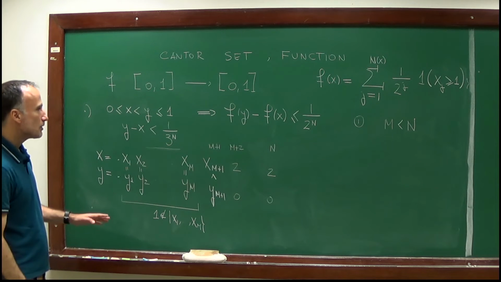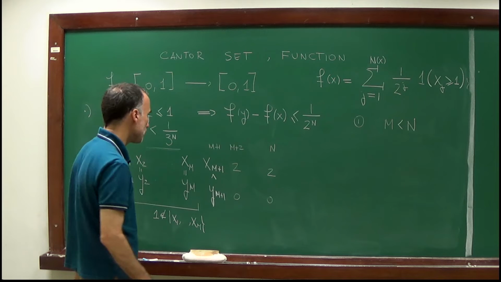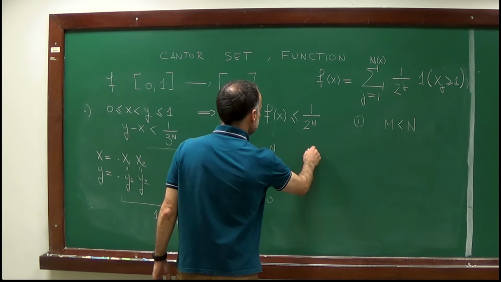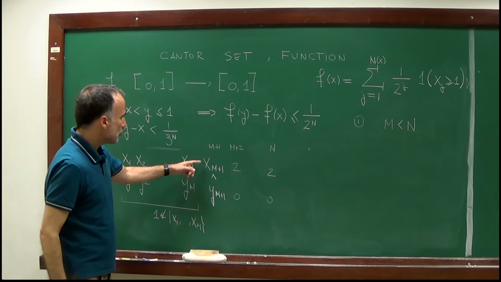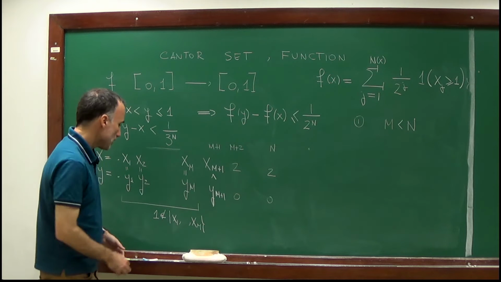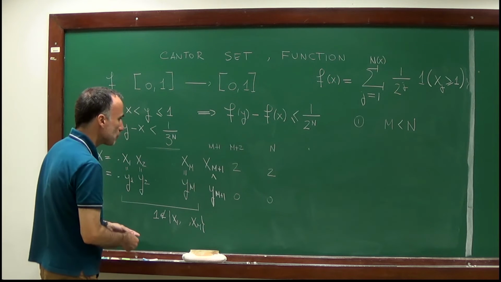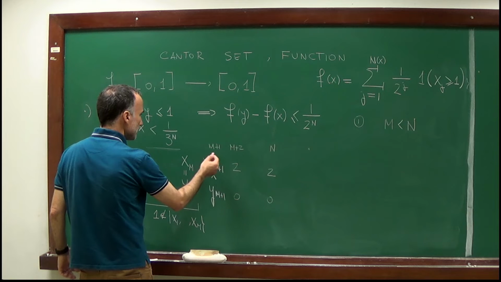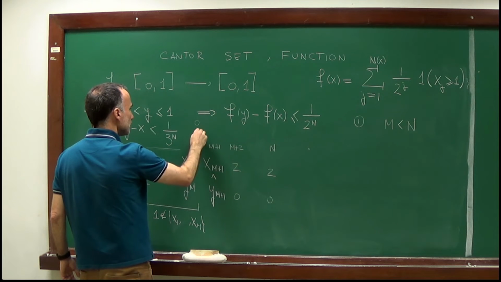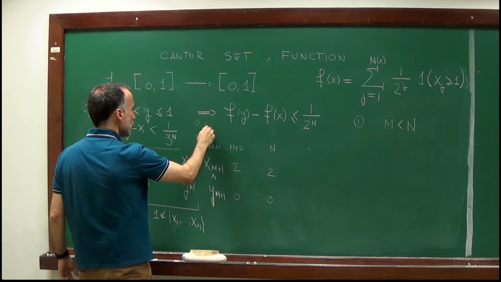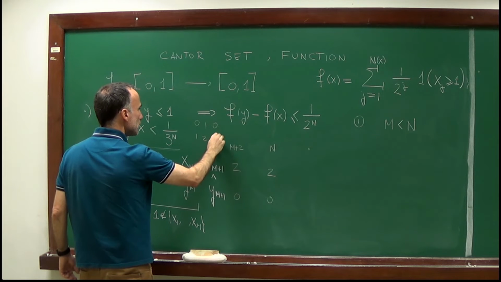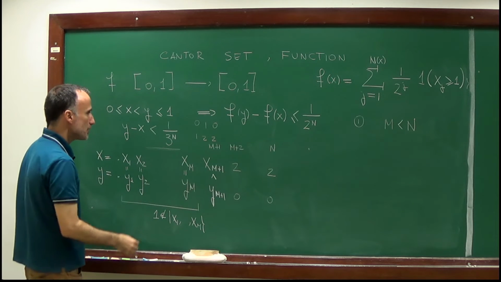Okay? So let me state that more clearly. So I know that x_{m+1} is bounded by y_{m+1}. So let's assume there are three cases again. Either we have 0, 1, or 1, 2, or 0, 2. So I have to consider separately each of these cases.